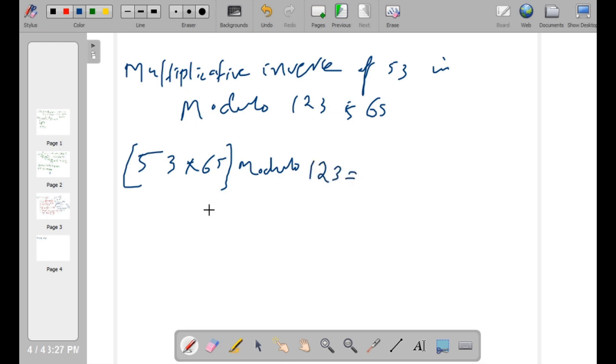Let us check it. 3445 mod 123 is equal to 1.